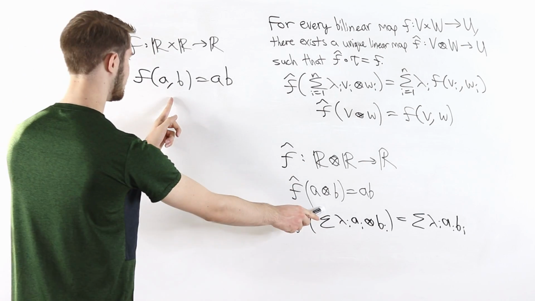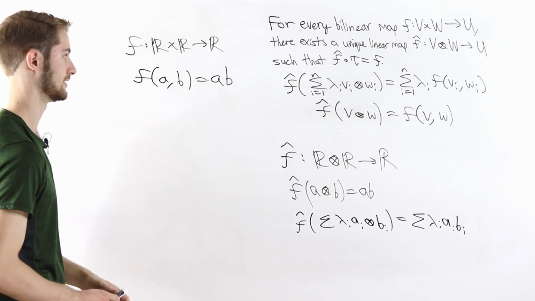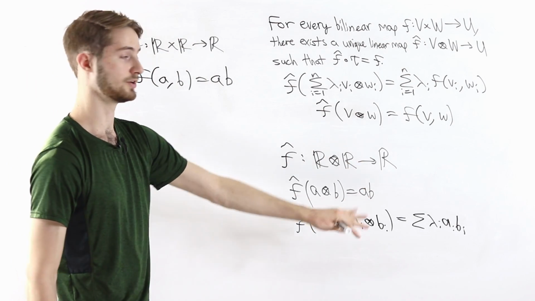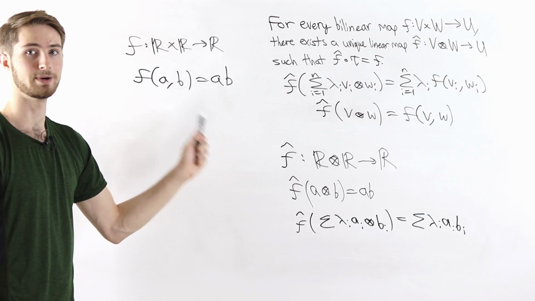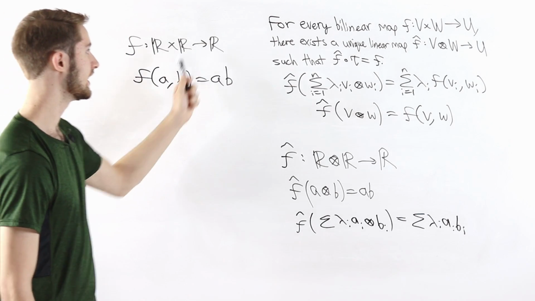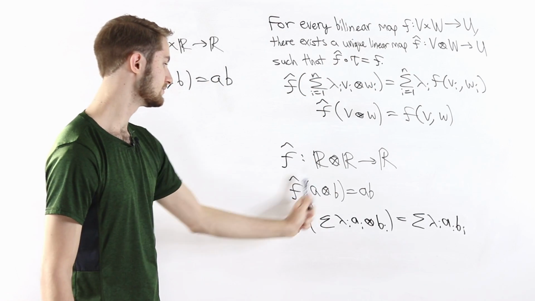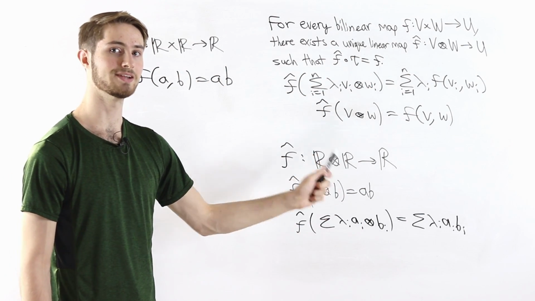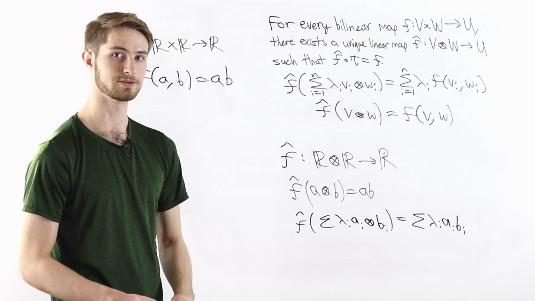So I use this to define a map on R cross R. And now that I have this map, I don't have to think about the tensor product at all. I just check, is this bilinear? And if this function here is bilinear, then I know for free that this map down here that's defined similarly is both well-defined and linear on the tensor product.